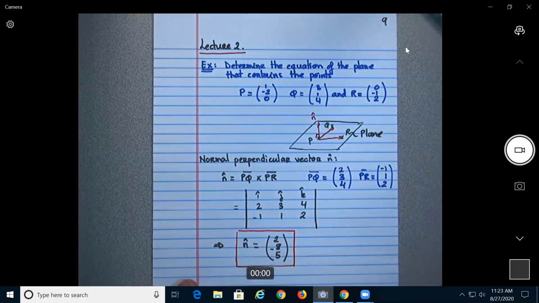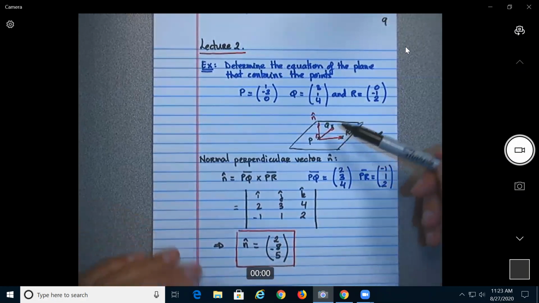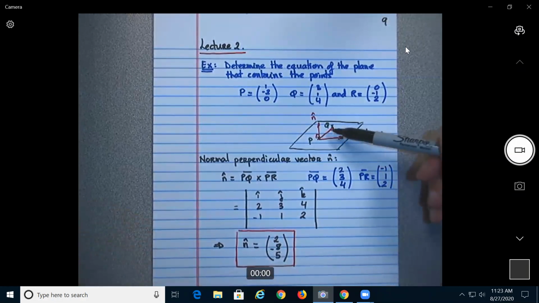I mean, you don't have to, but if you want, you can normalize this vector, okay? But you don't have to normalize it. Okay, so now you can choose which of these points you want the plane to go through.